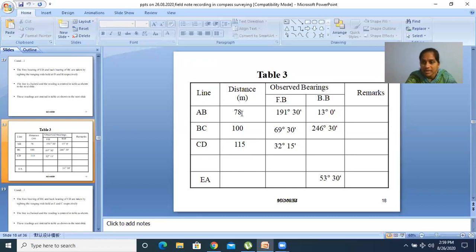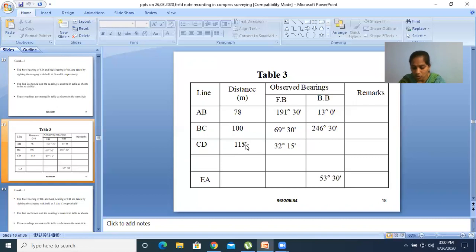So these are the traverse lengths, that means the length of the line. Traverse legs means the line lengths, which are taken by using the tape.